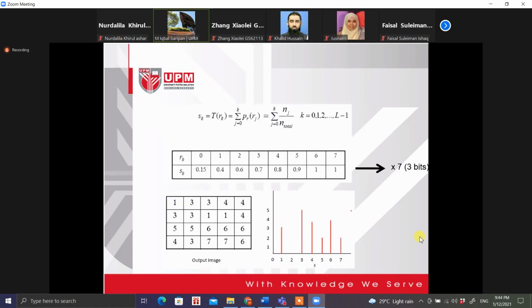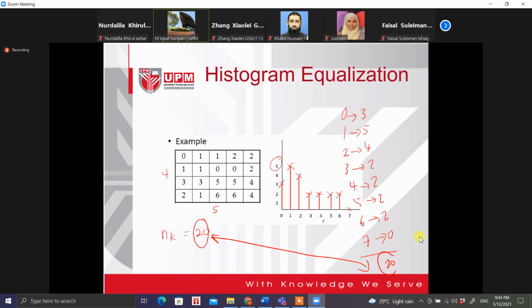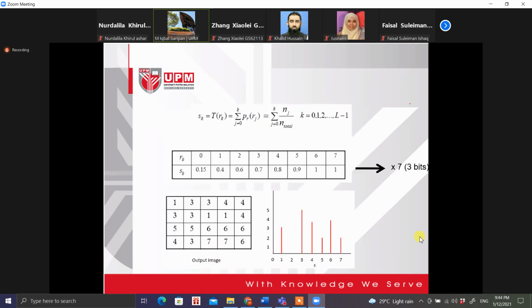Next, we want to transform these values to become probabilities. So 3 divided by 20. Sorry, it's not here, this is after processing.